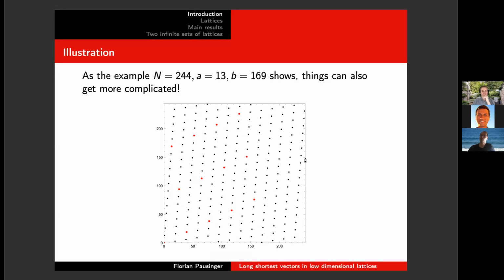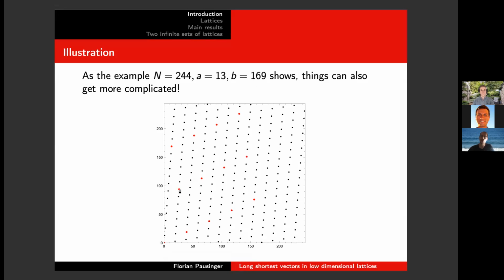Things can get much more complicated, as you can imagine. For example, we can look at a point set with 244 points and the generating parameters 13 and 169. I have colored the first 13 points of this point set in red. For index 0, we get the origin 0, 0. For index 1, we get the point 13 and 169.